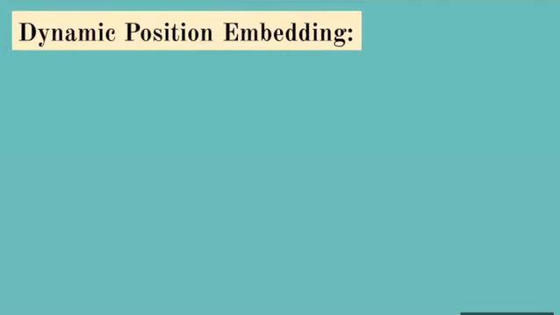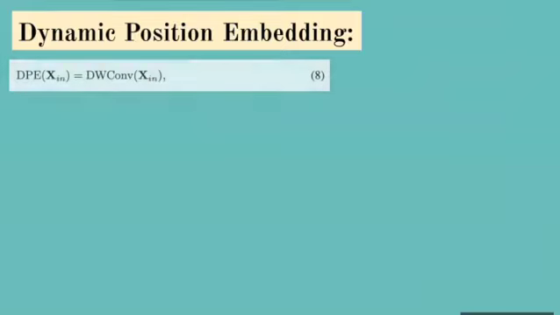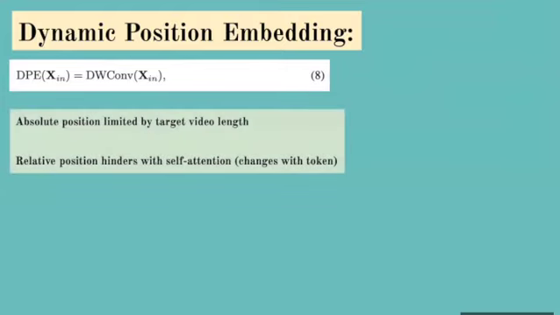Okay, now we come to the first module in detail. Here we have the dynamic position encoding. It's basically very much dependent upon depth-wise convolution. What that means is it applies layers of convolution on each of the frames as the convolution moves through the set or the batches of frames.